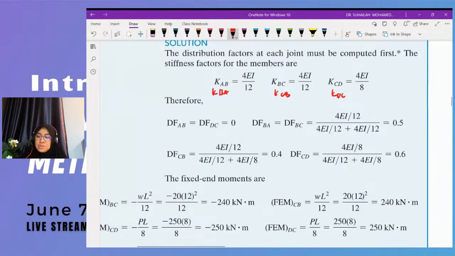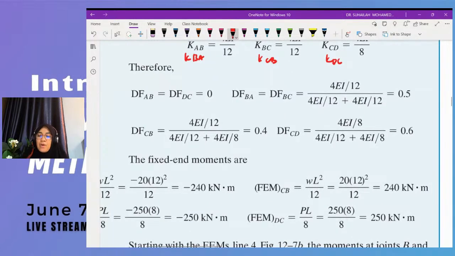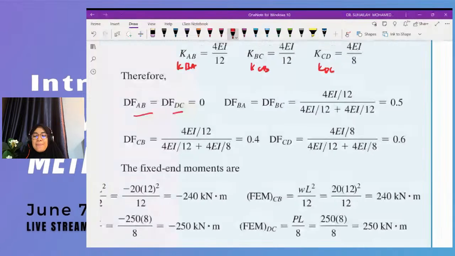For AB and DC here, because AB refers to end A and DC refers to end D, the value is 0 because of the support.